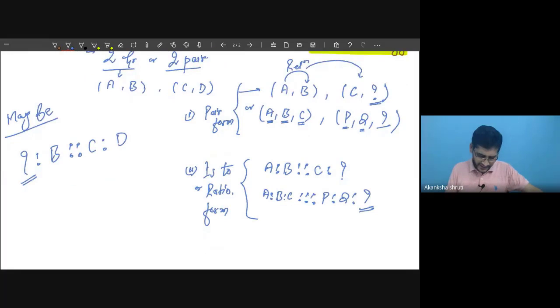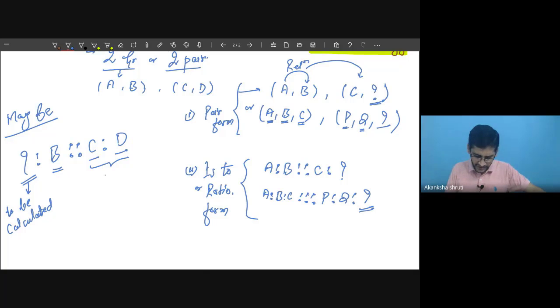In this case, this is to be known or calculated, but B, C and D are known to us. Whatever is written on one side of this double colon forms one pair, which we have to keep in mind. And we have to search for the relation among one side of this double colon.